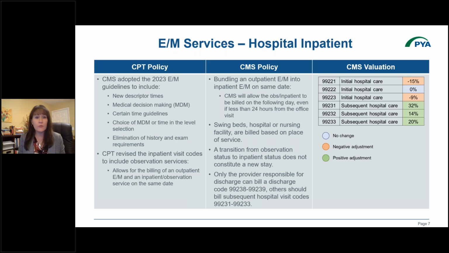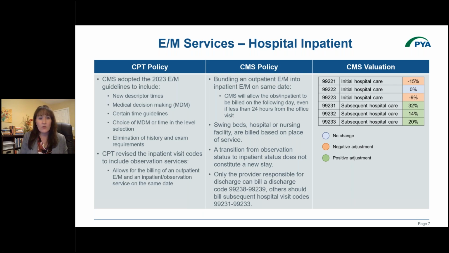So now we won't call them 2021 or 2023 guidelines, we'll call them E&M guidelines. And they will be the only guidelines that are appropriate to bill for or under as of January 1 of 2023. The 1995 and 1997 guidelines are sunset based on that.